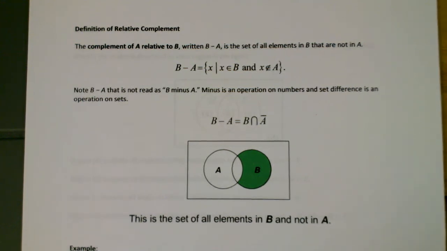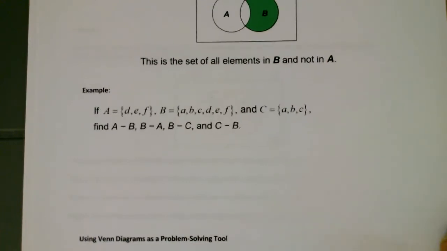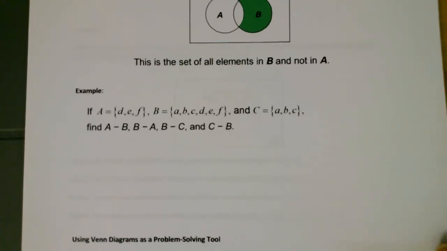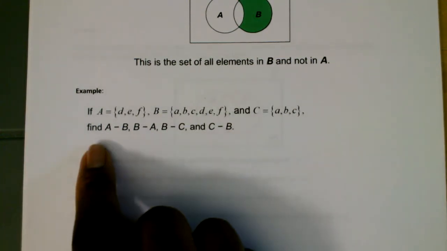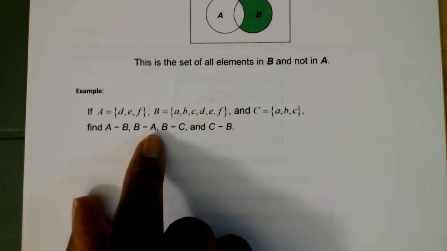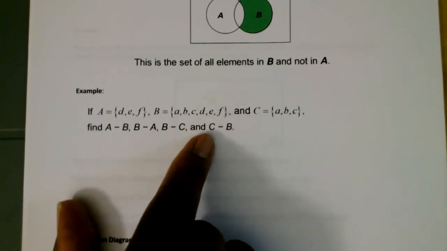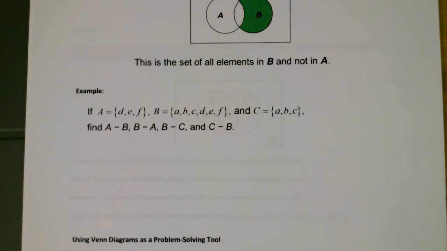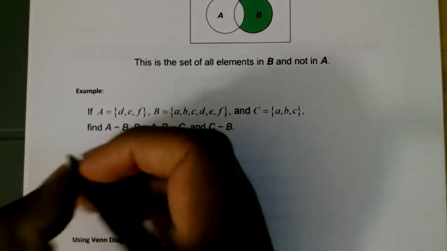All right, now let's look at this example. Let's say A has the elements D, E, F, and B has the elements A, B, C, D, E, F, and C has the elements A, B, and C. Let's say I want to find the complement of B relative to A, and also the complement of A relative to B, the complement of C relative to B, and the complement of B relative to C. Okay.